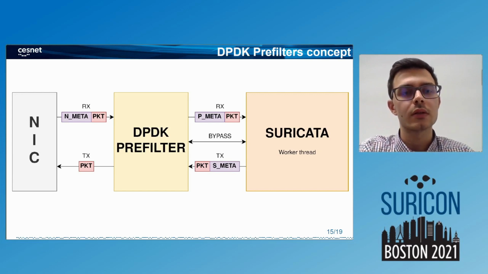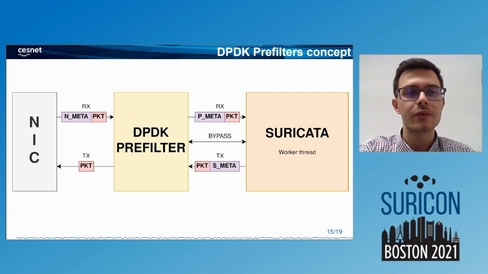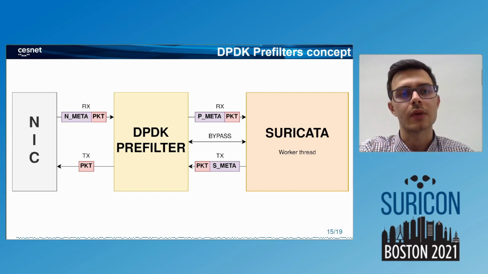Suricata decides to tell the prefilter that it doesn't need to see the packets anymore, or this flow anymore. Then the prefilter will bypass the traffic. But this use case is something that's already there. It kind of resembles the XDP bypass or something like that.